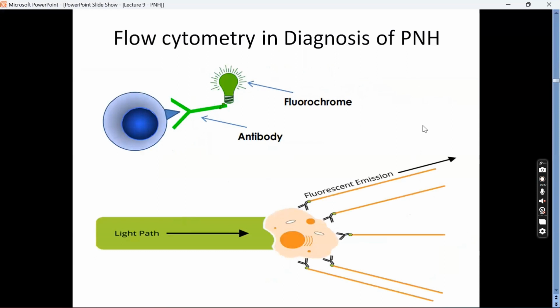When we get the signal, it means that it's a normal cell and the GPI-linked proteins are present. When we are not getting the signal, that means the GPI-linked proteins are absent, and we diagnose the PNH clone by that. So flow cytometry is the method of choice to detect the loss of GPI-linked proteins.